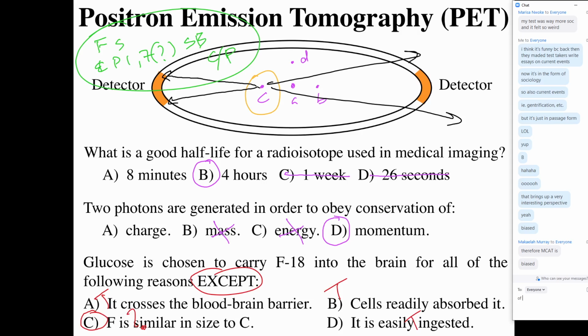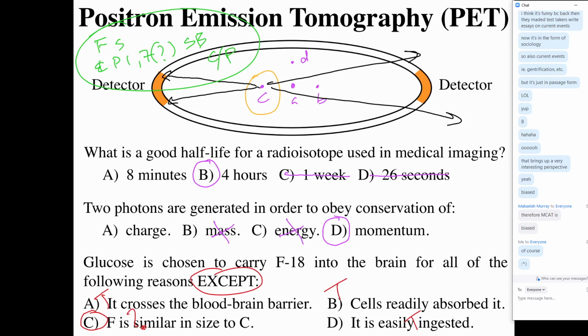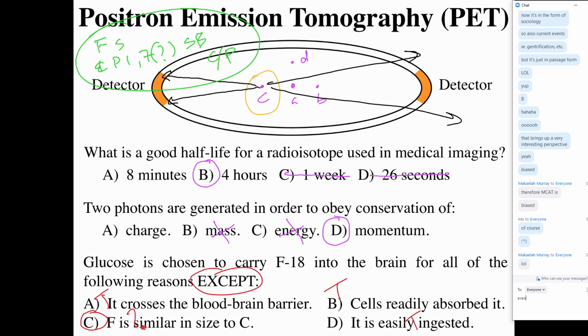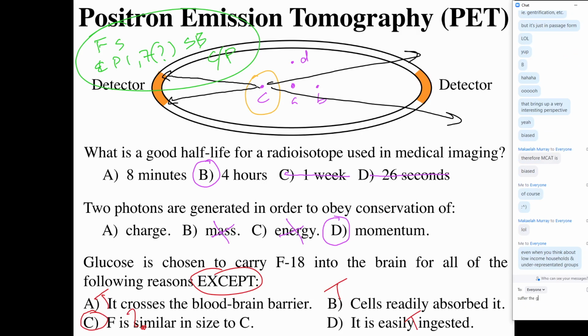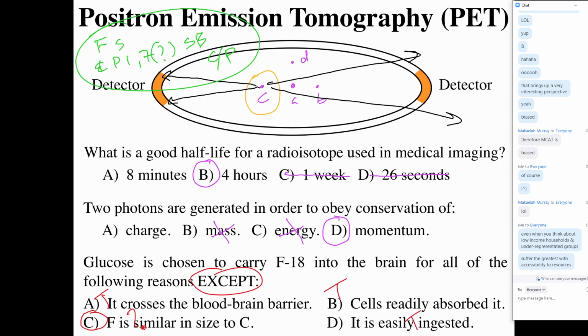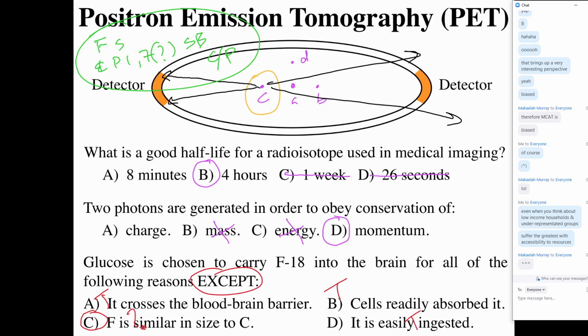Oh, the MCAT is so biased. Yeah, and I will give the MCAT credit for being a little less biased than other tests. But at the end of the day, sorry, we could go on for hours about where it came from and what the purpose is, but you have to do it. And if you have time to study it, that speaks volumes.